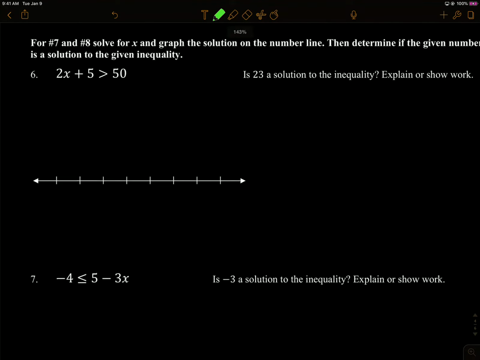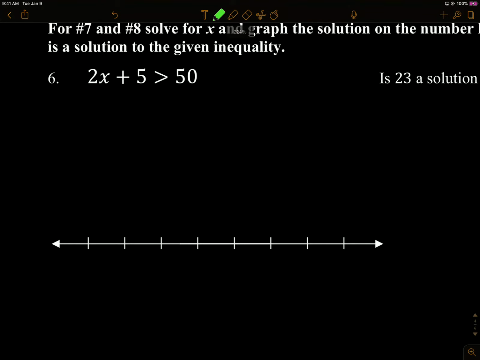Now we're going to look at how we graph inequalities, how we solve inequalities, and how we graph the solution. We solve them just like we solve equations. We look at the inequality symbol as being the middle of the equation, so we've got a left side and a right side of that sign. So I put that dashed line to divide the sides.